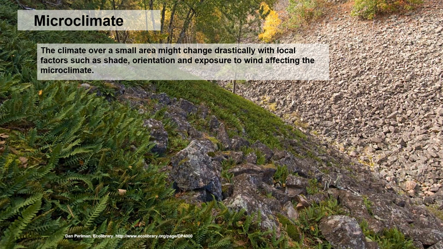And I mentioned earlier on about microclimate and how we might have a difference in temperature or a difference in the climate over a relatively small distance. And this slide demonstrates that quite well. It's a photograph of a small valley, one side of which is exposed to the south, so it gets a lot of sunlight, which dries out any moisture, therefore doesn't really allow a lot of stuff to grow.